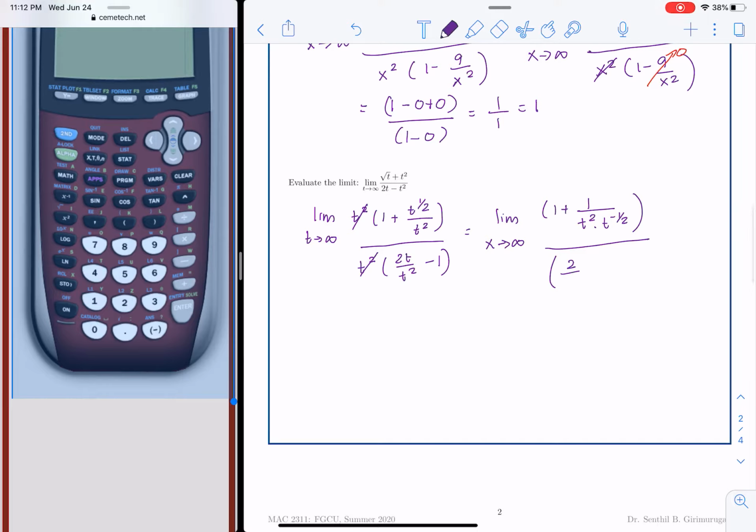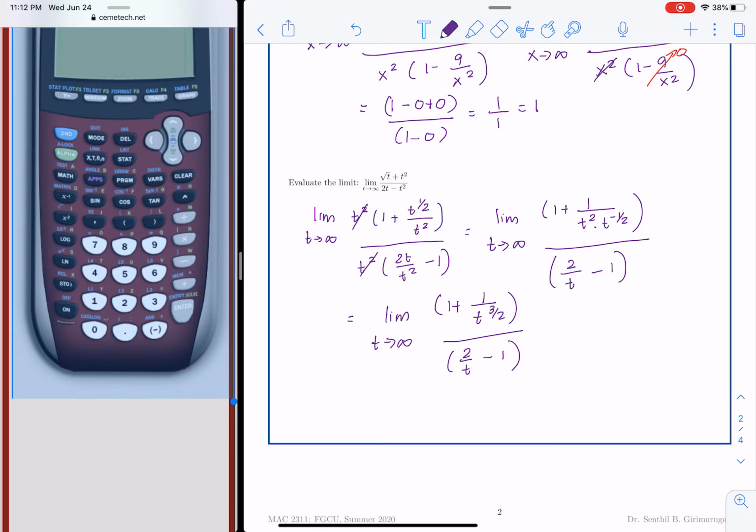And in the second case, we have 2t, 2 over t minus 1. So the limit as t approaches infinity, 1 plus 1 over t raised 3 over 2, divided by 2 over t minus 1.